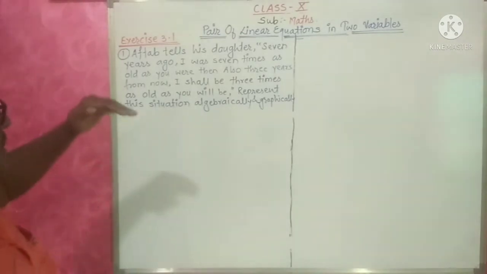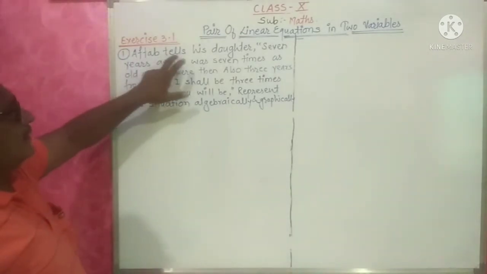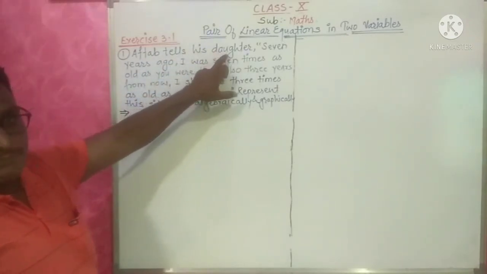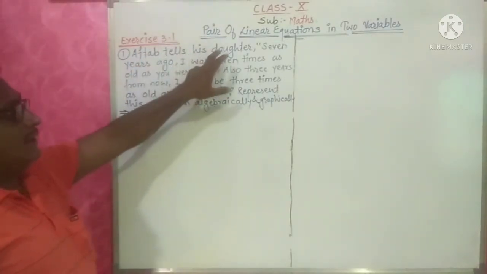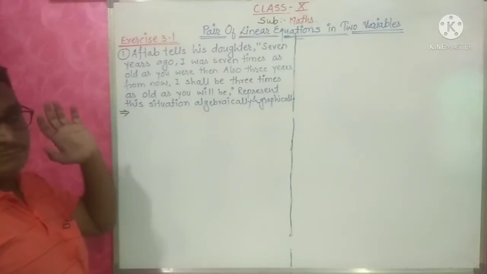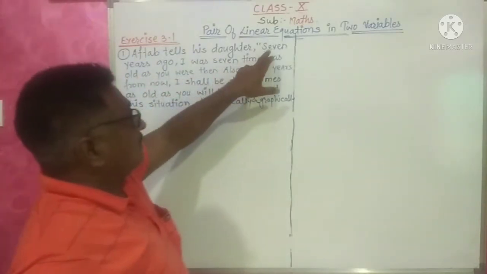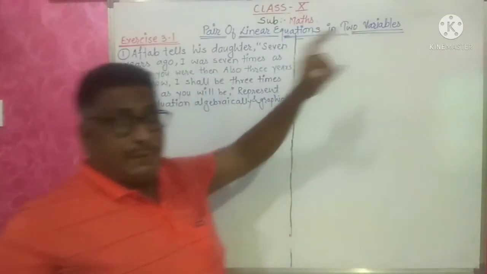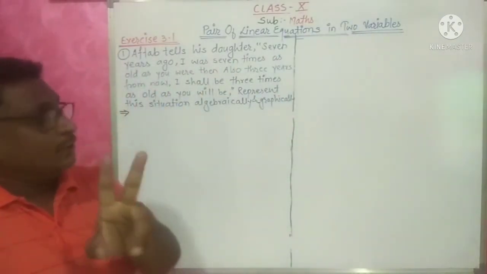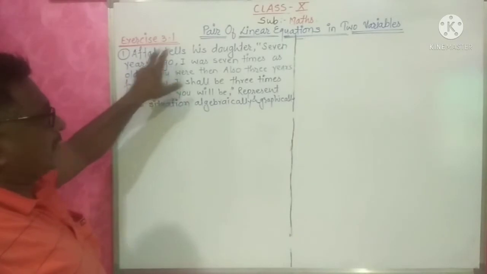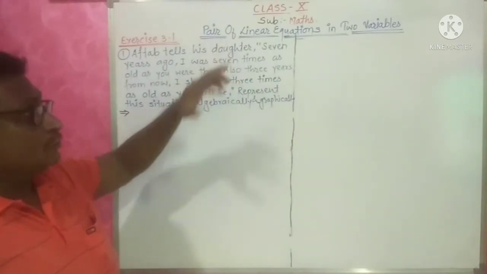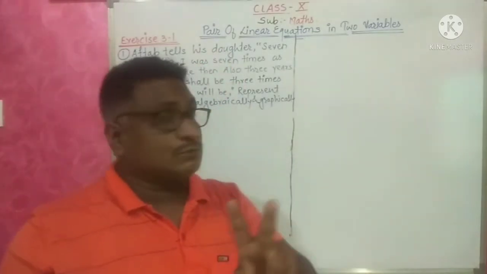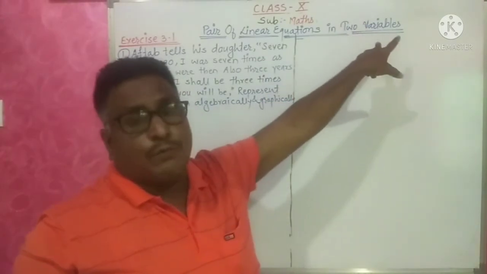So now what is given here? Aftab tells his daughter. Aftab and his daughter's conversation is there. Two variables are there, which means we need two persons. Here two persons are there, Aftab and his daughter, so we divide both persons with two variables.